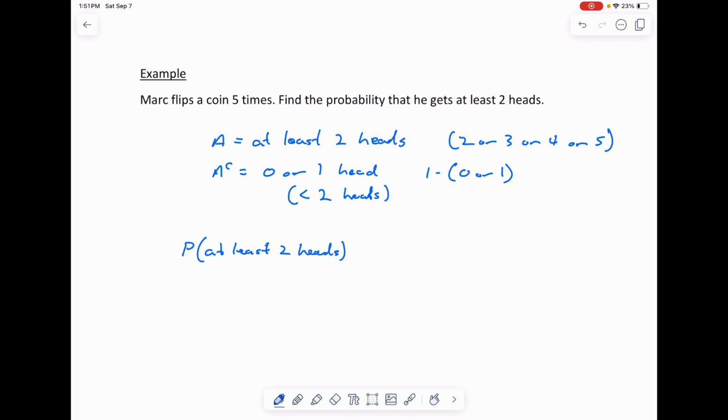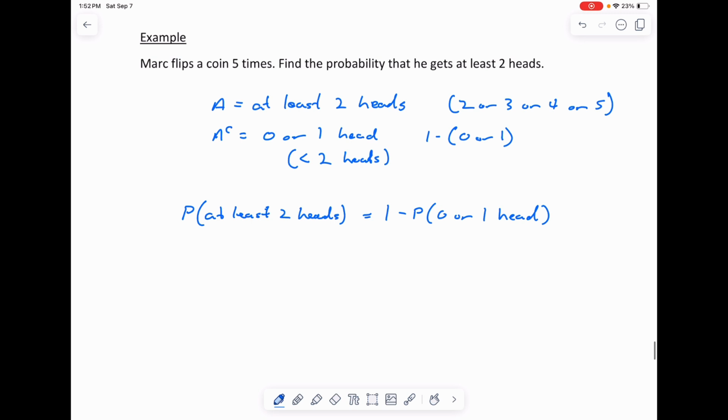I'm really finding 1 minus the probability of 0 or 1 head. Notice here that we're going to find that whole probability first and then subtract from 1, okay? So OR is add. So if we want to break this down further, it's really saying 1 minus the probability of 0 heads plus the probability of 1 head.